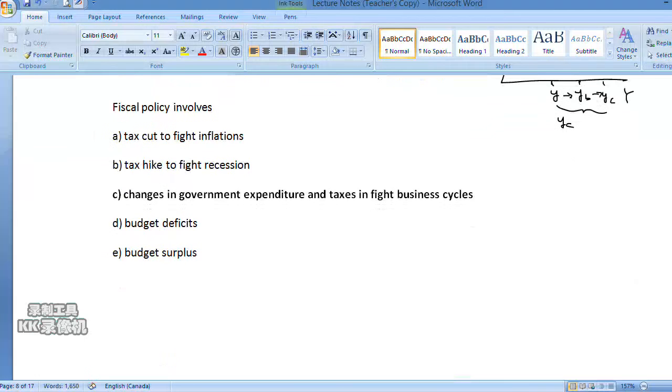Fiscal policies involve either change in government spending, taxes, you can even think of subsidies programs. So tax cuts to fight inflation. So when there is inflation, so let's see.